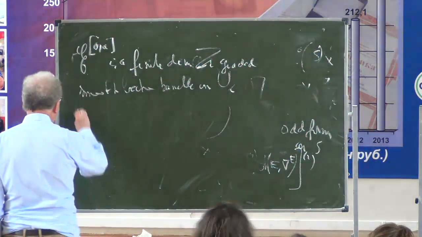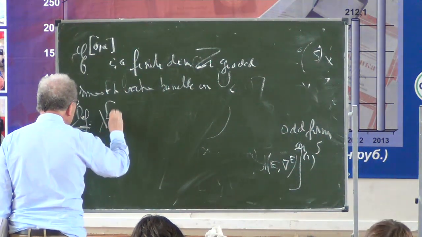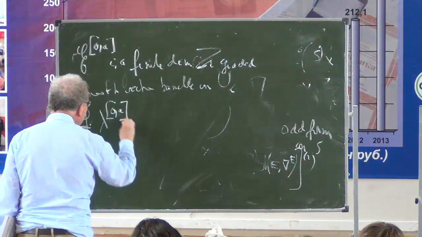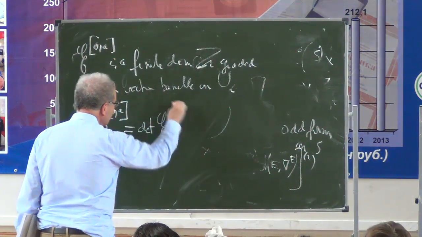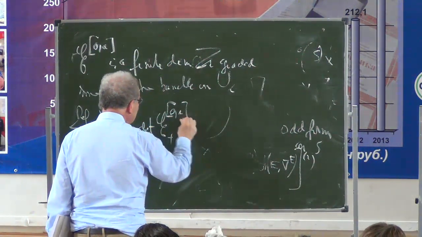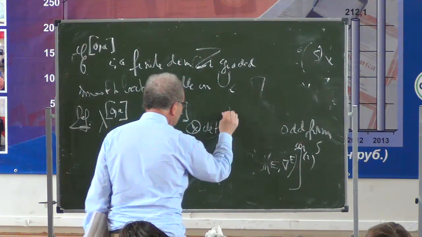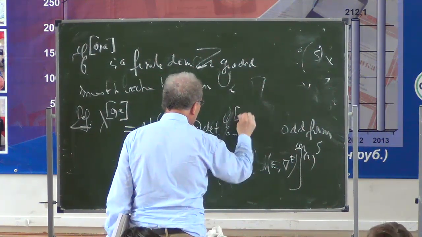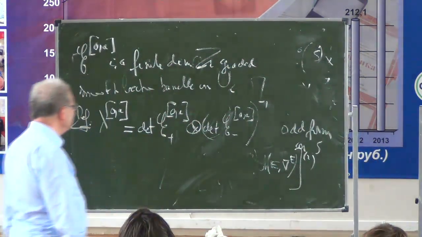So let me define on UA, lambda 0A is by definition the determinant of E plus 0A tensored with the determinant of E minus 0A to the power minus 1.